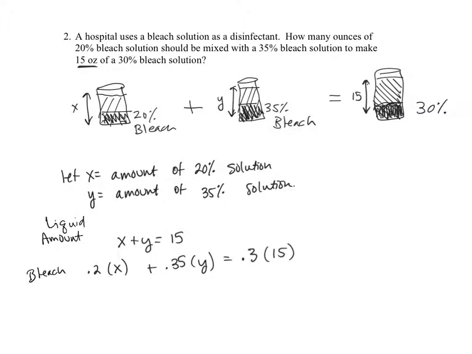All right, now I'm going to use some substitution. So I'm going to rewrite this as X is equal to 15 minus Y. I'll just subtract Y from both sides, and then I'm going to clean this second one up a little bit. We've got 0.2X plus 0.35Y is equal to 0.3 times 15, that's 4.5.